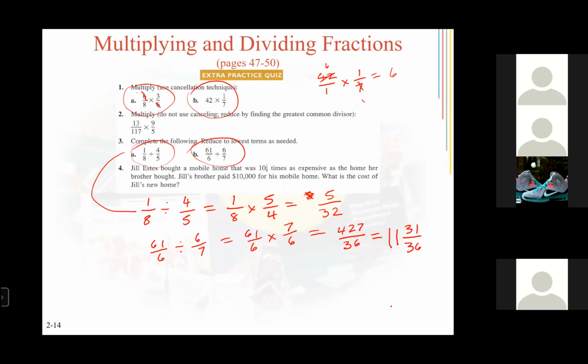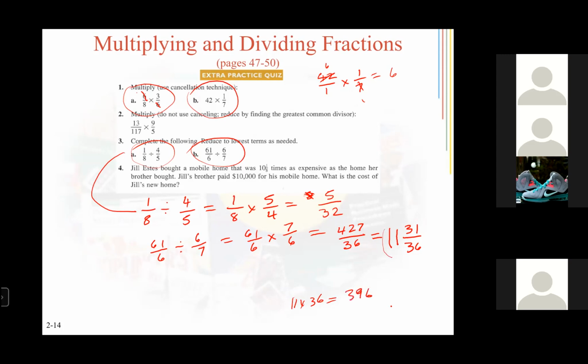All right. 11 and 31 over. So once you know that 36 goes into 427, 11 times, you're going to say, okay, what is 11 times 36? 11 times 36 gives you what? 396.